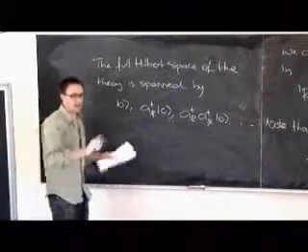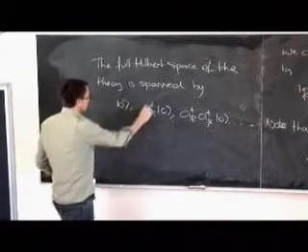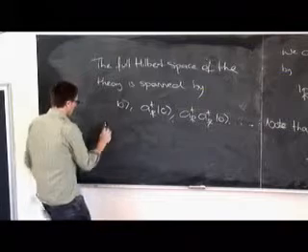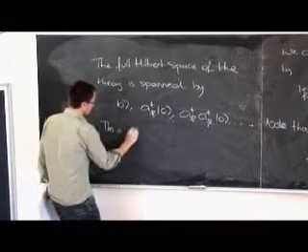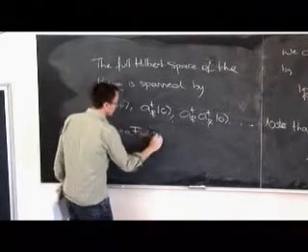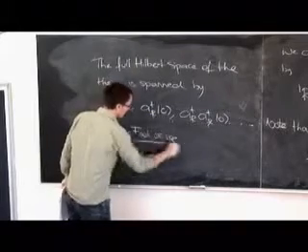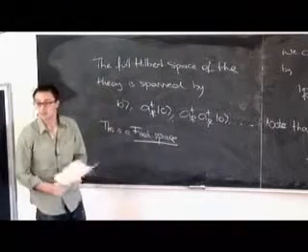Let me get to the end, and then we can ask questions. We're running short of time. There's a name for Hilbert spaces of this type. They're usually referred to as Fock spaces.